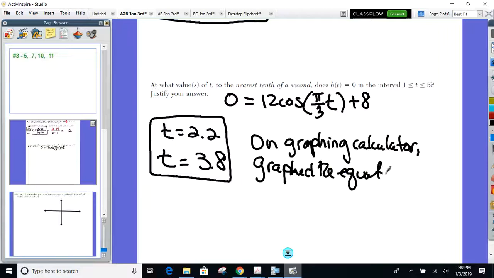Where did we go after we graphed it? You don't have to do the whole window thing. That's a little too much detail, but okay. So on the graphing calculator, graph the equation. Went to second calc or second trace, and then selected what? Zero, choice 2, whatever. There you go.